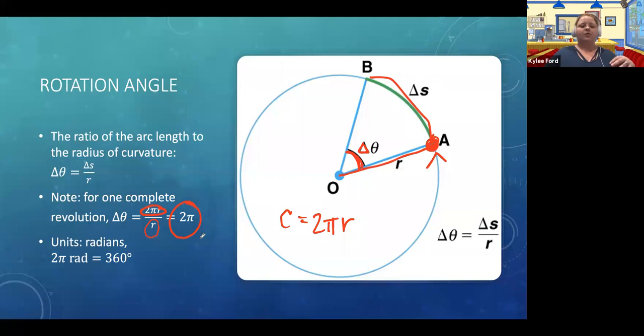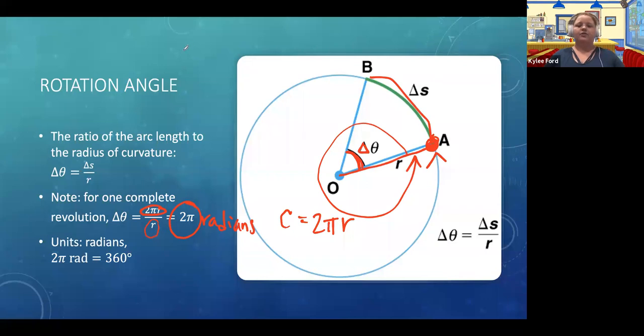The units of this rotation angle are typically radians, so when I say 2 pi, I mean 2 pi radians. Hopefully you have gone over this in some other math class, but if not, that's okay. Just know that the entire circle is also 360 degrees.